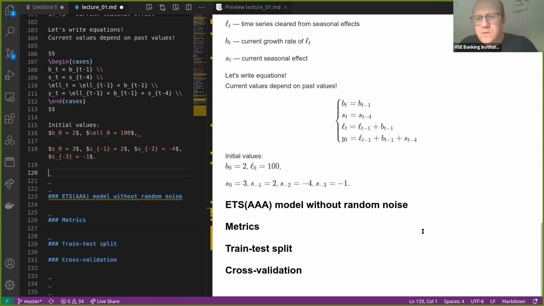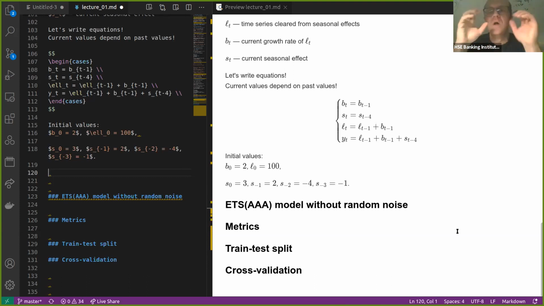Konstantin, you have asked whether BT minus 1 is LT minus LT minus 1. Yes. BT minus 1 is LT minus LT minus 1. Exactly, that's the growth rate, by how much tomorrow will differ.